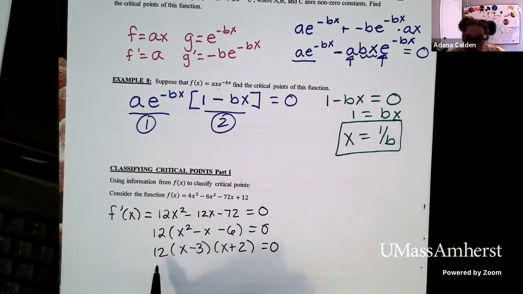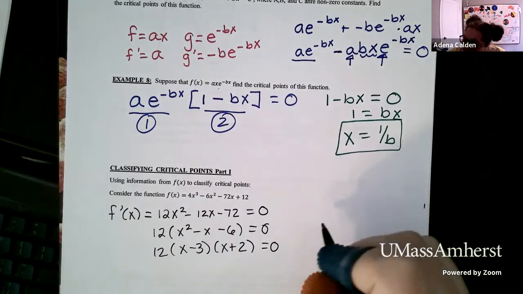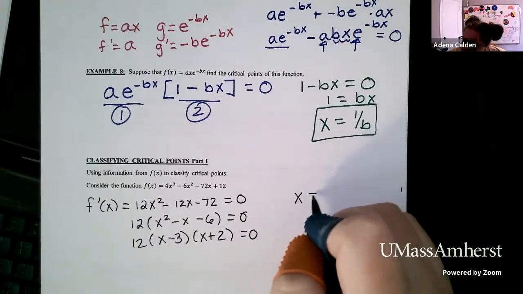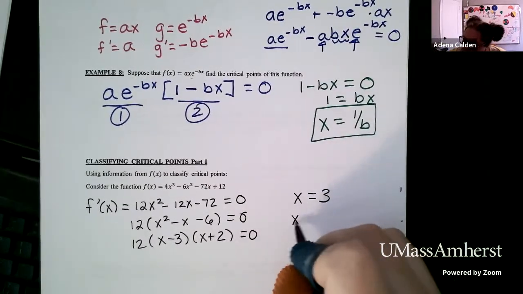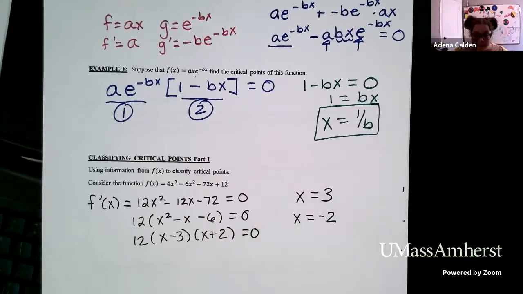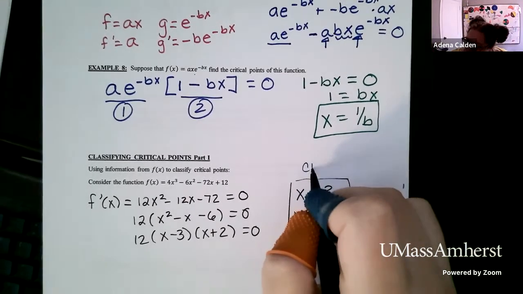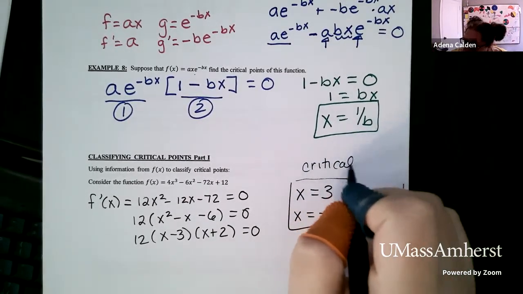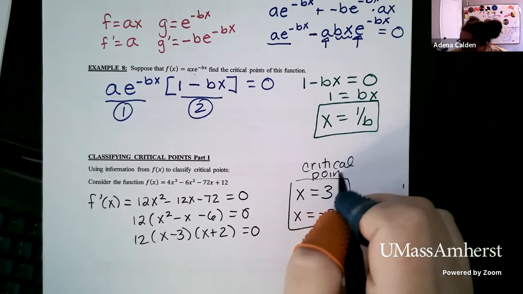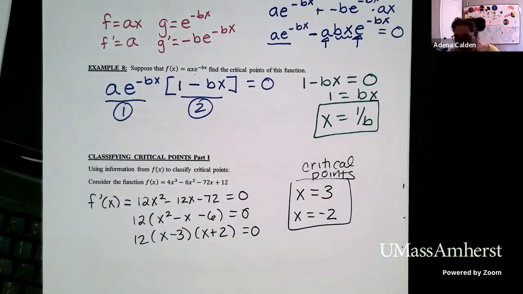I set each of these equal to 0, and I get 2 critical points: x equals 3 and x equals negative 2. That's always step one, finding your critical points, because you can't classify them until you find them. So we have our critical points.